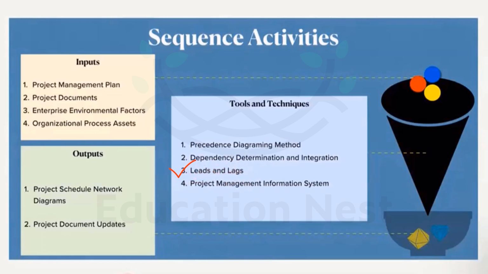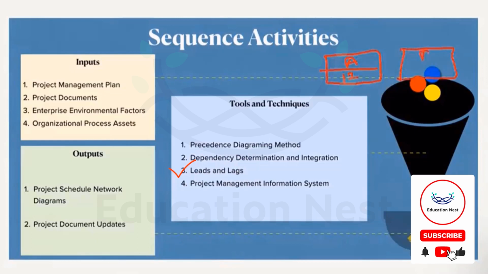Leads and lags. What does lead mean? Lead could be anything that is prior to the target, and lag is anything that can happen after the target. Again, if I make use of the activity diagram, we have a process A, which is done in 12 weeks, and process B, which is done in 10 weeks.